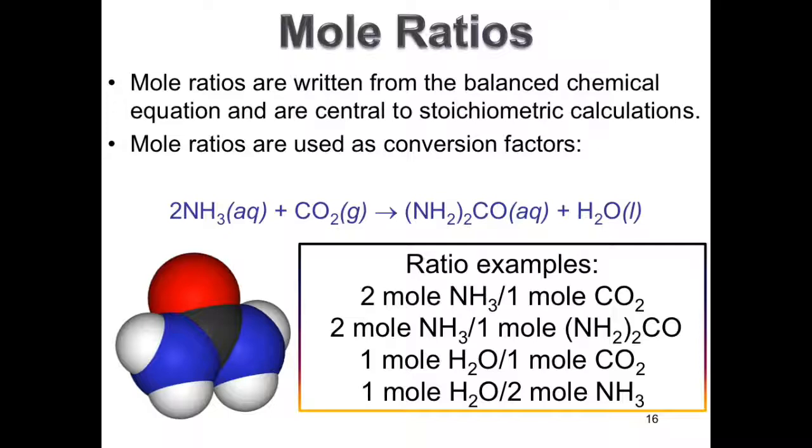You need 1 mole of carbon dioxide to produce 1 mole of water. 1 mole of water is produced from 2 moles of ammonia. These ratios will be used as conversion factors when we get to stoichiometry.